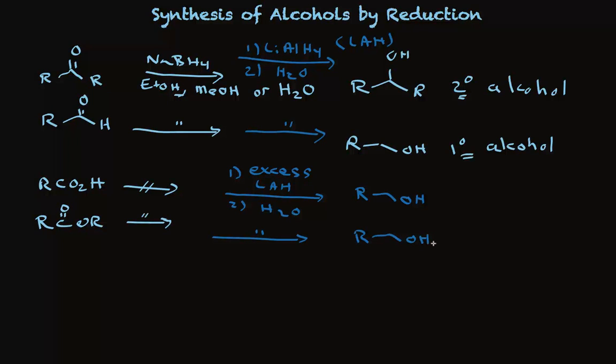And just as a side note, because there's an alkoxy group here, when we're talking about the LAH reductions of esters, there will be a byproduct which may be a different alcohol. So let me put a prime here to make it clear that this alkyl group is likely to be different from this one, and put a prime here.